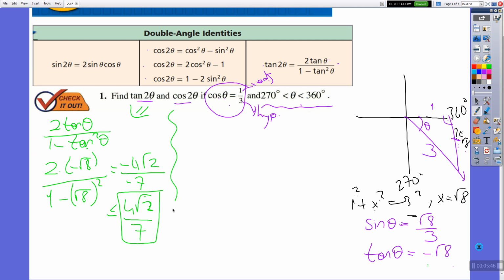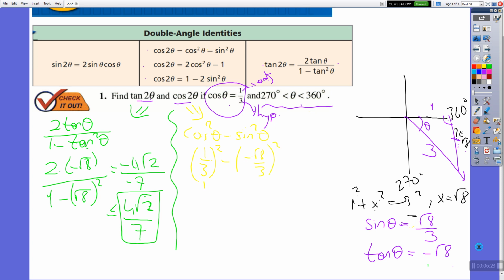What about the second one? Now let's talk about cosine 2 theta. What is cosine 2 theta? It is cosine squared minus sine squared. You already know sine and cosine. You can use the first one, or second or third, it's up to you. You'll get the same result. So cosine squared minus sine squared. Your cosine is 1 over 3. So 1 over 3 squared minus your sine. Here you got it as negative square root of 8 over 3 squared.